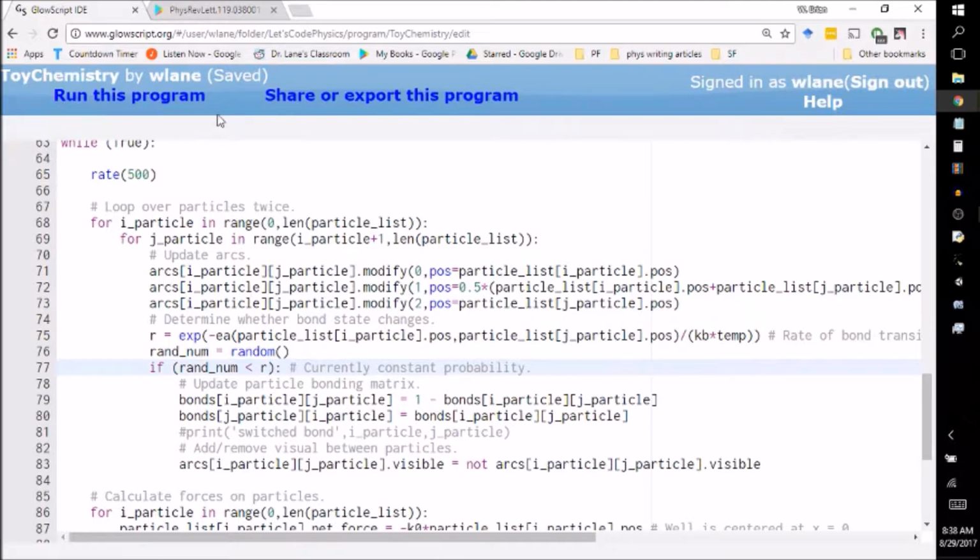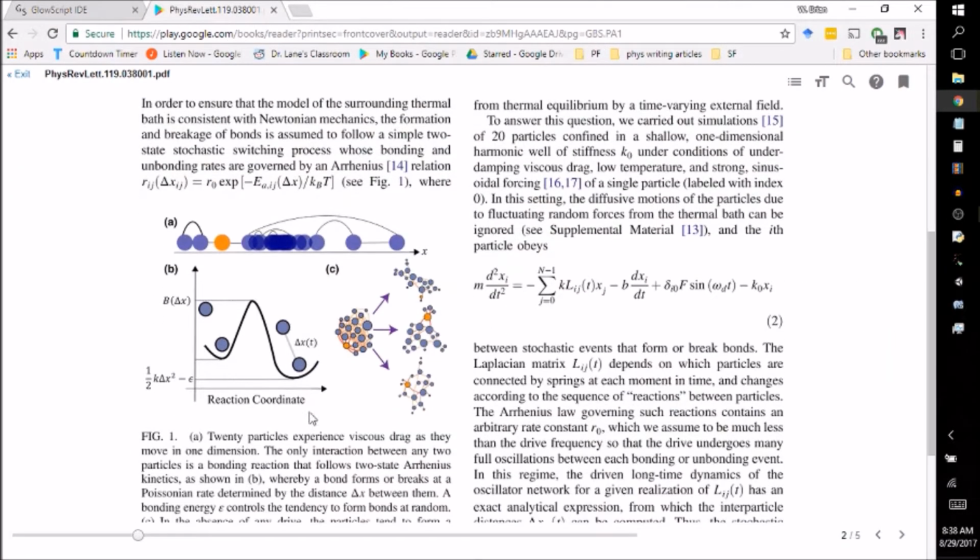When the particles are closer together, they are more likely to bond than if they are farther apart. And same thing goes for them breaking a bond. The closer they are together, the easier it is for them to get over this bump and end up bound. And the closer they are together, the harder it is for them to get back over the bump because they have to go from here up to here.